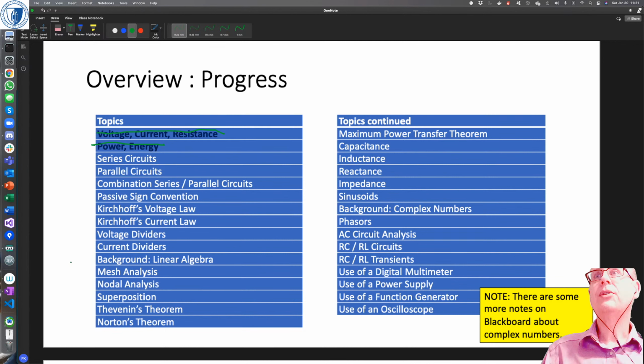Notice I've also already talked about the passive sign convention, but I haven't really talked about series parallel circuits or KCL and KVL, Kirchhoff's voltage law and Kirchhoff's current law. But does anybody have any questions? Let's go with that for now.